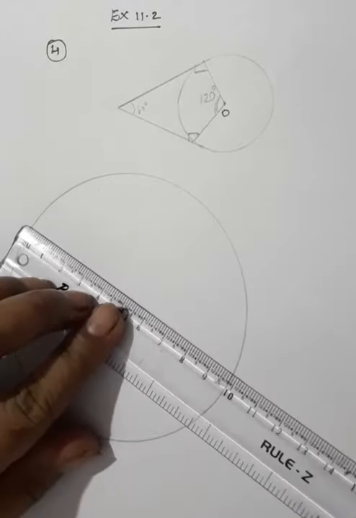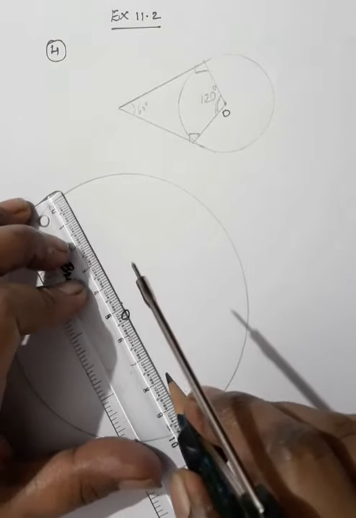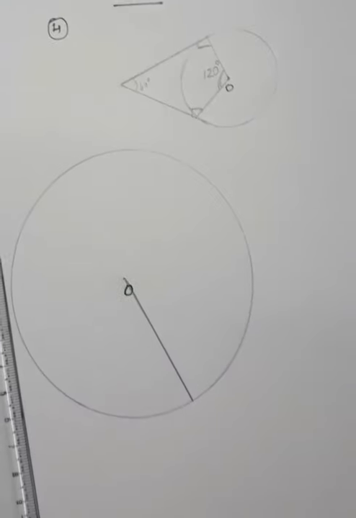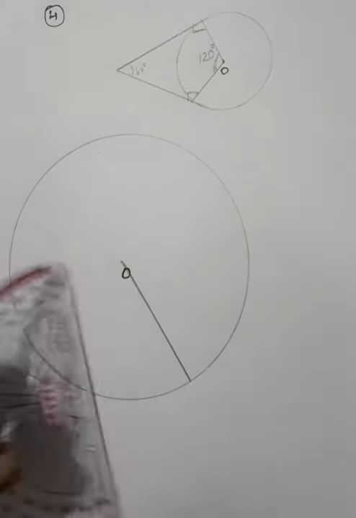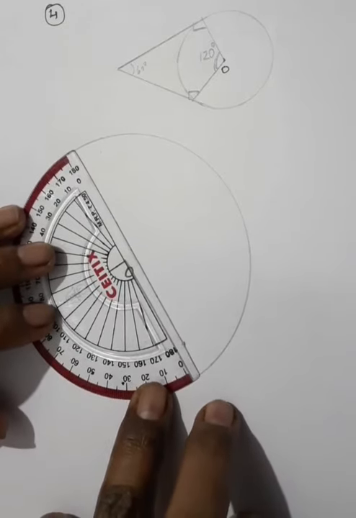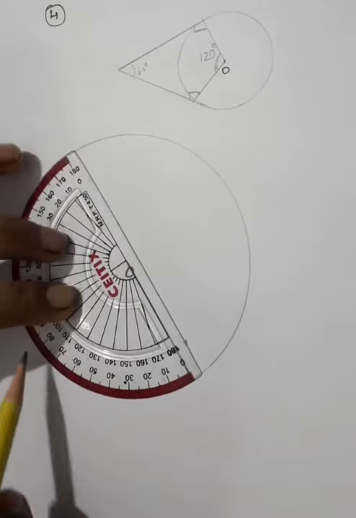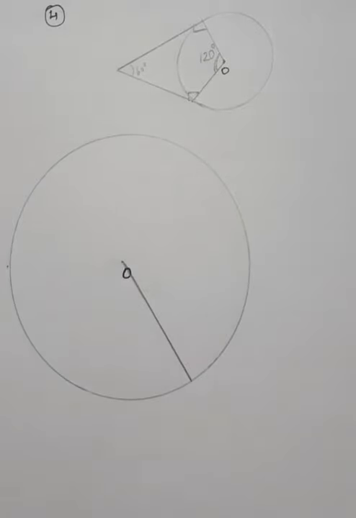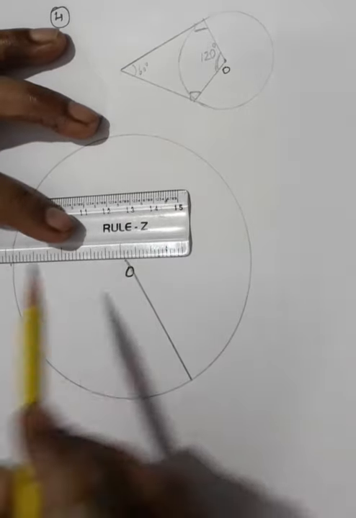Like this or like here, anywhere one radius. Just I am drawing here this way. One radius. And we are going to construct this 120 considering this as baseline. So here want to keep protractor and get that 120. 0, here 90, then 110, 120. This is that point.